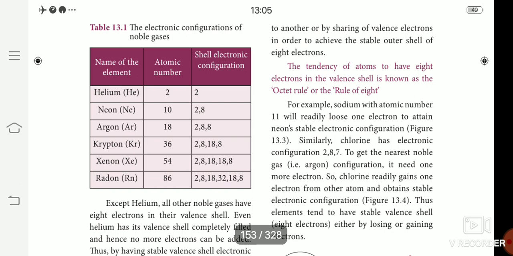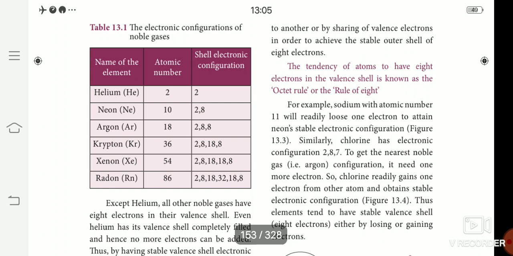Sodium, atomic number 11, loses 1 electron, then the atomic number becomes 10.